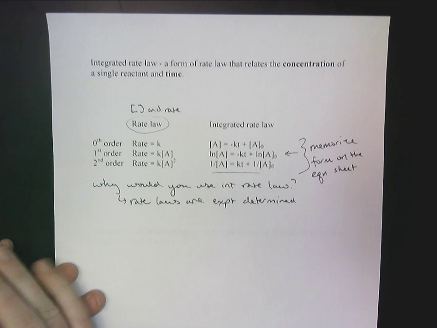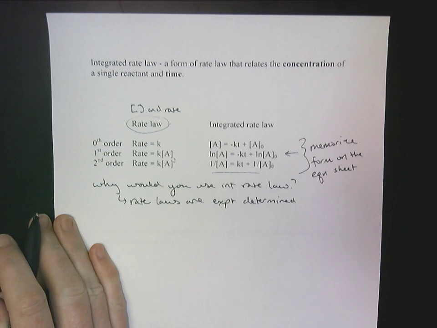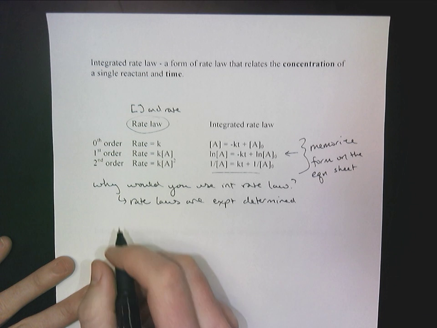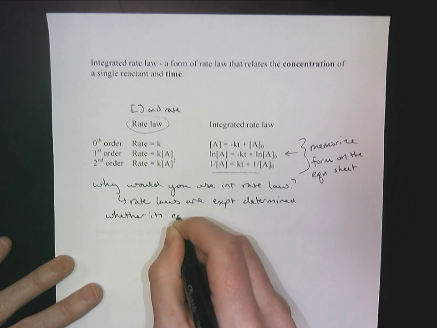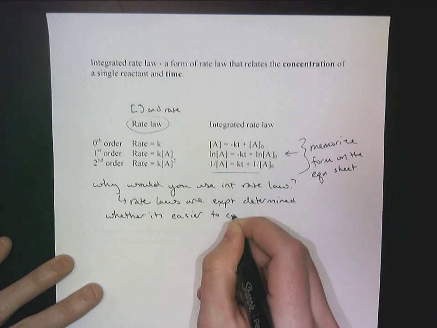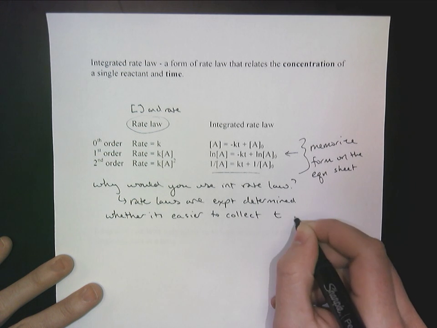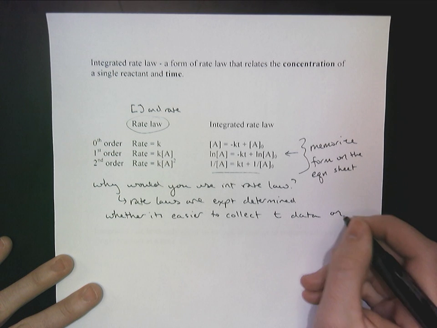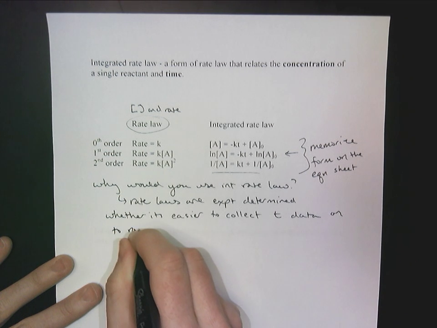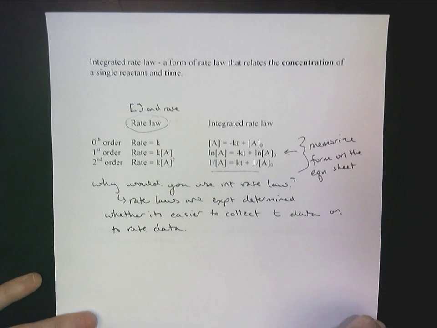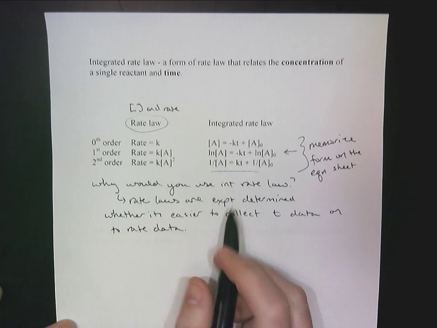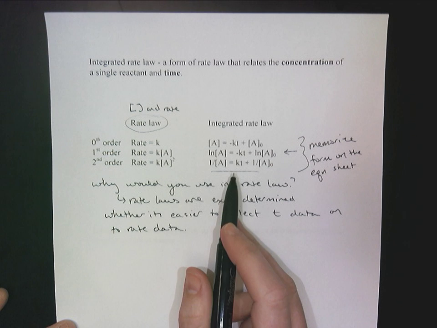So whether we get an integrated rate law or a rate law from experimental data is pretty much just going to depend on whether it's easier to collect time-dependent data or to collect rate data. We can talk more about what those experiments might look like in class. For right now, let's just start exploring some of the pieces of an integrated rate law.